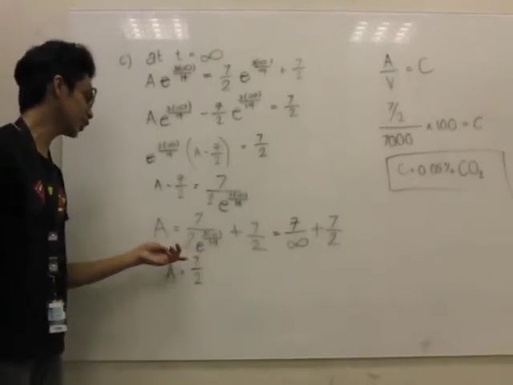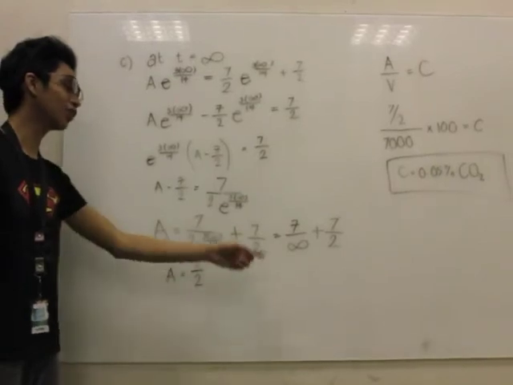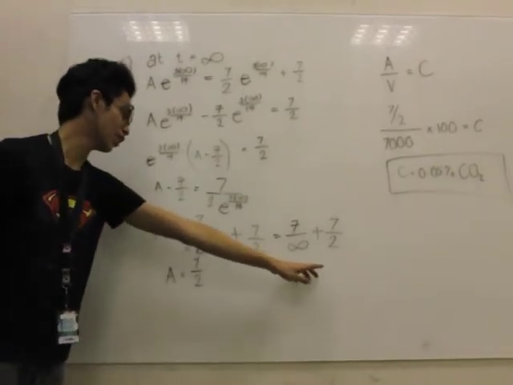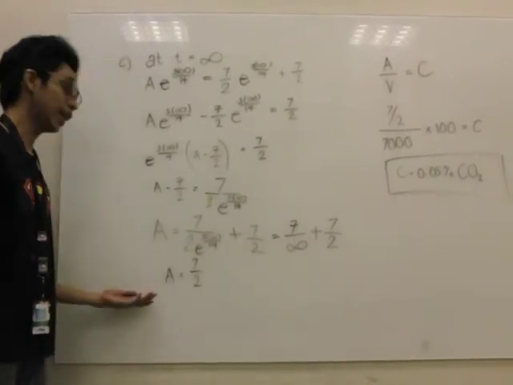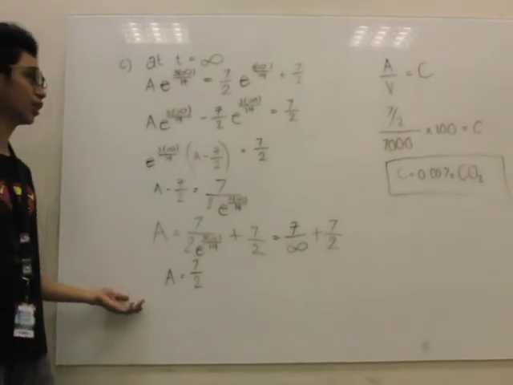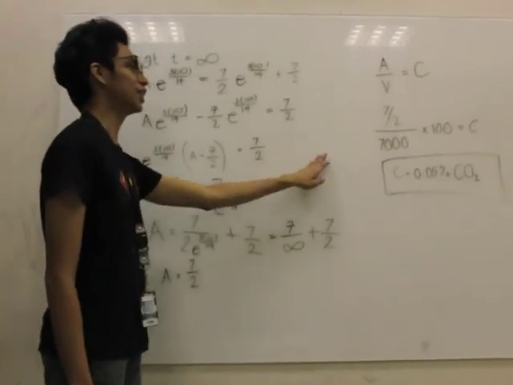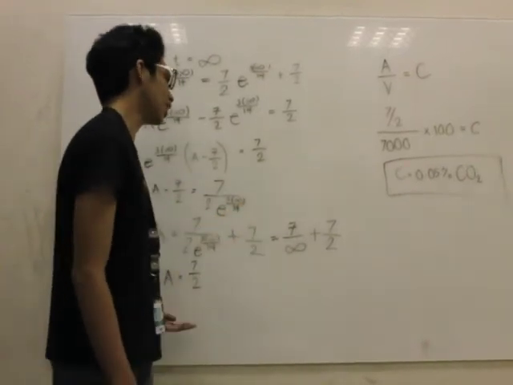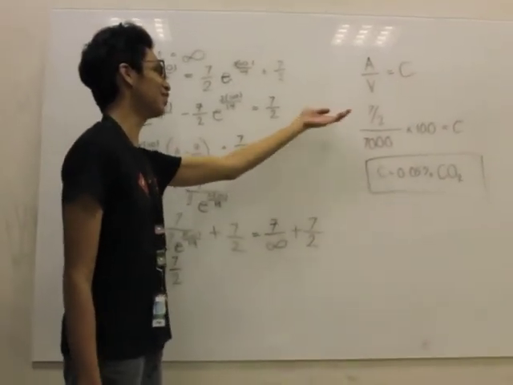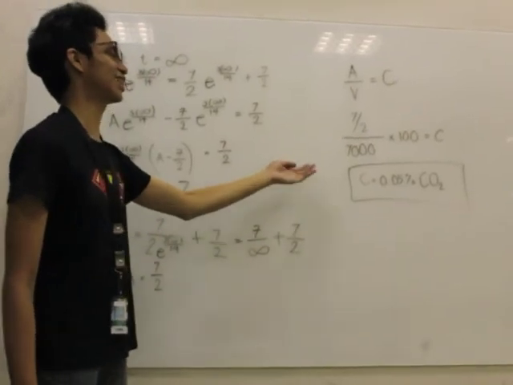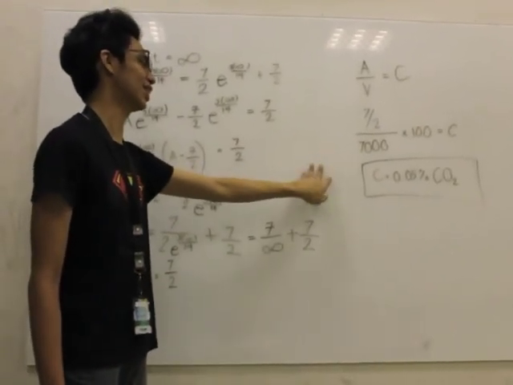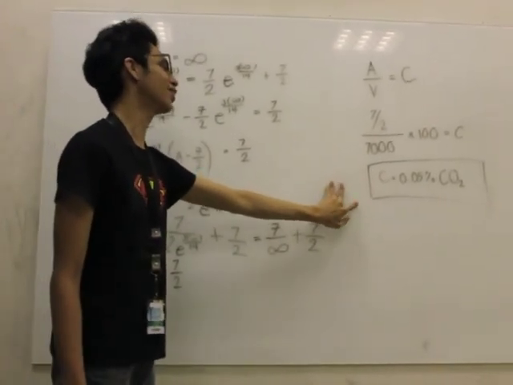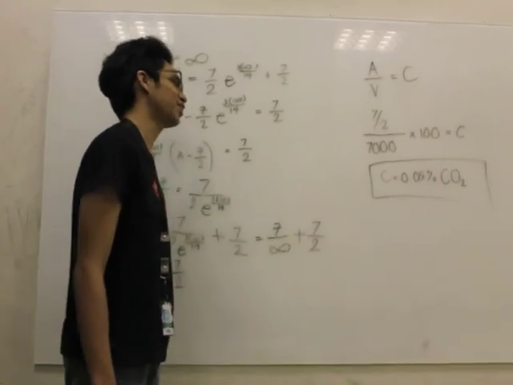So infinity times 7 over 2 is infinity, and that over infinity is 0, plus 7 over 2. Hence, A equals 7 over 2. A over B is equal to C. So we would substitute 7 over 2 to A. So 7 over 2 over 7,000 times 100% is equal to C. So we would get 0.05%.